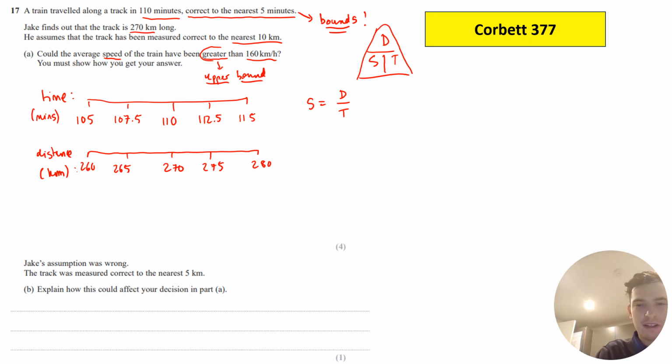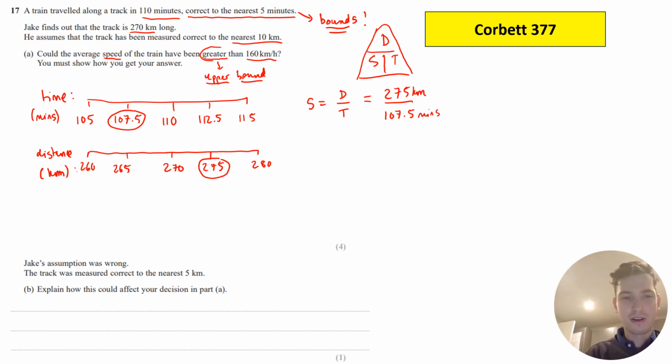So what distance and time do I want? Well, I think I want my highest distance, so that is 275 kilometers, over my smallest time, which is 107.5 minutes. And that's going to be my answer.